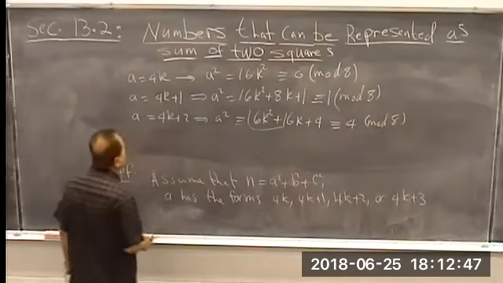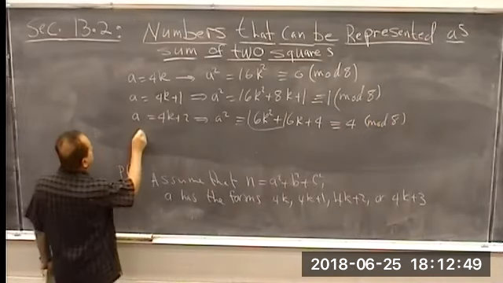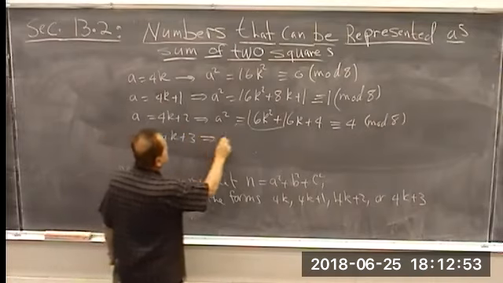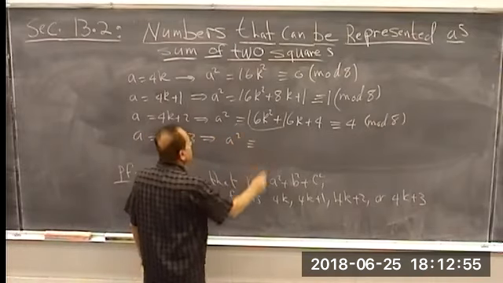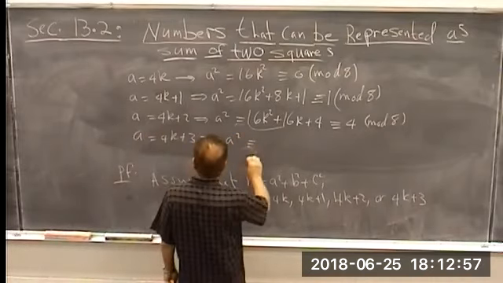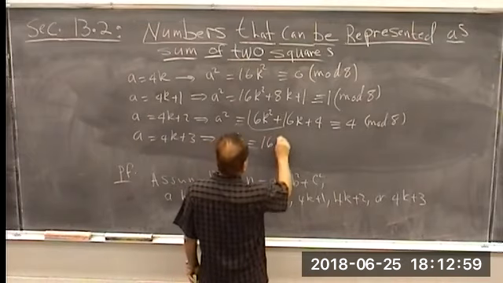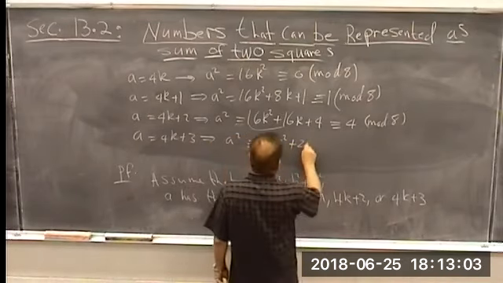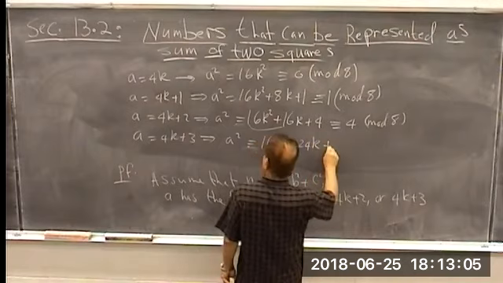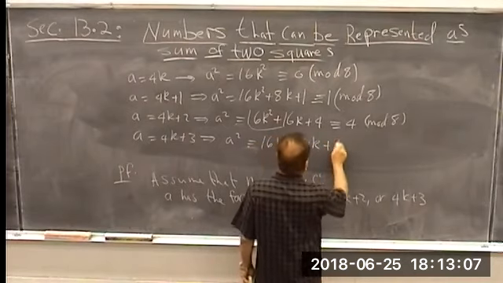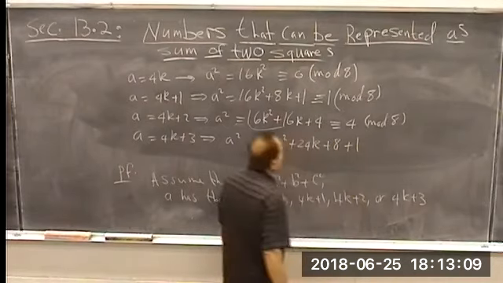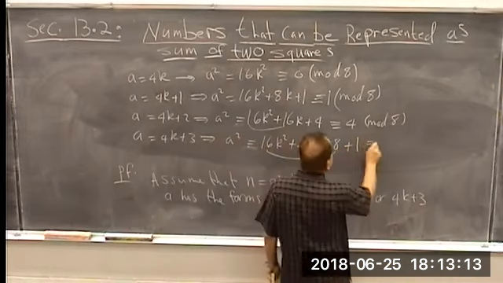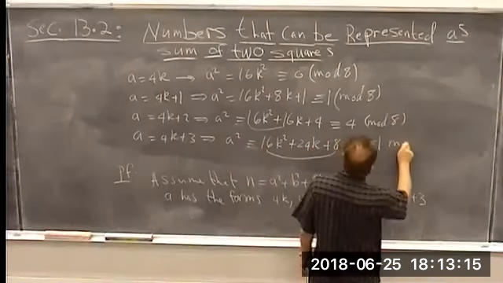And now A is 4k plus 3. Let's make A squared equal to 16 plus 24 plus 9, which is 8 plus 1. All of these are a multiple of 8, so this one is congruent to 1 mod 8.